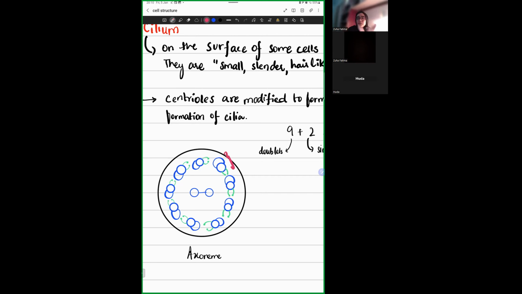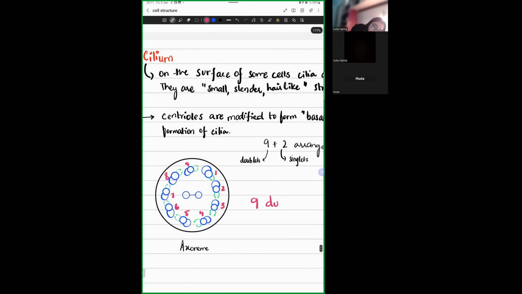One of them forms a complete circle and the other forms an almost semicircle, right? And let's count how many doublets we have. 1, 2, 3, 4, 5, 6, 7, 8, and 9. So we have 9 doublets in the boundary region, okay?